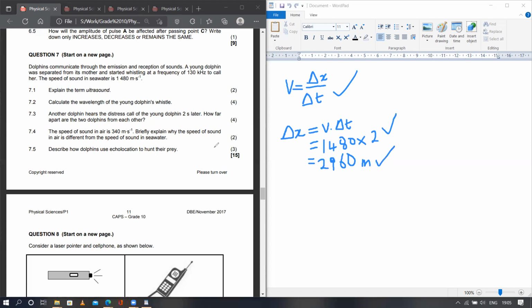The final mark is for you stating that the two dolphins are 2,960 meters away from each other. So this statement also sometimes carries some marks.